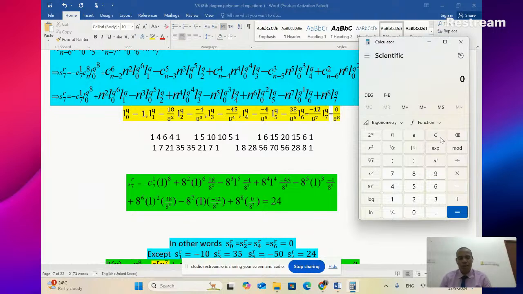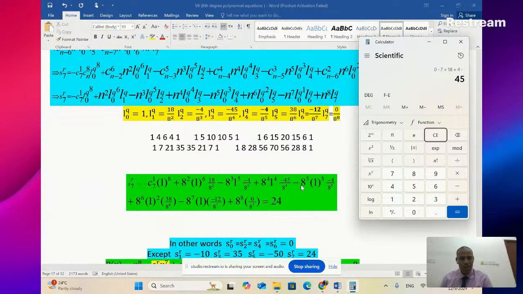So it will be negative 7, then plus 18 only, then minus multiplied by minus is plus 4, then minus multiplied by minus is negative 45, because you can see 8 raised to the power 4 divided by 8 raised to the power 4 is 1, times 1 raised to the power 4 also is 1, multiplied by 45.